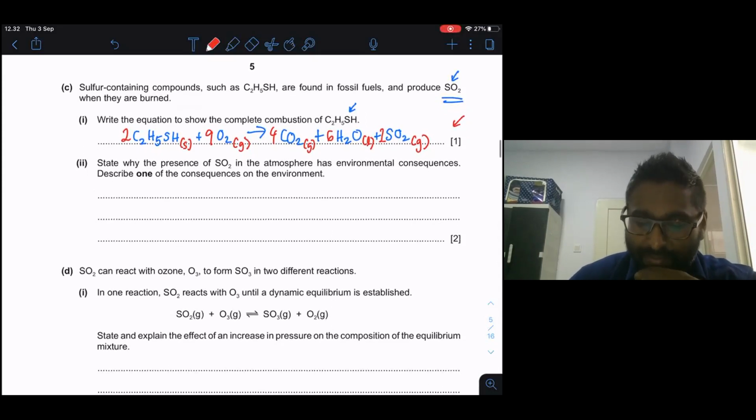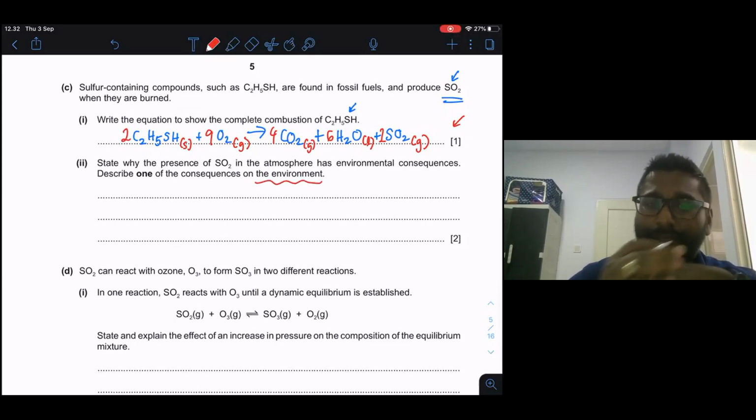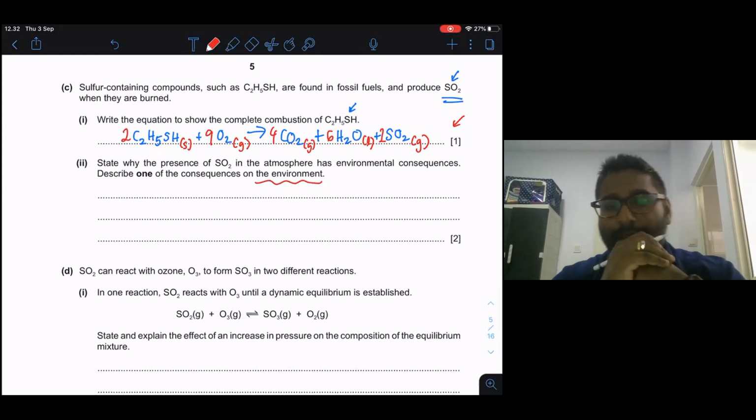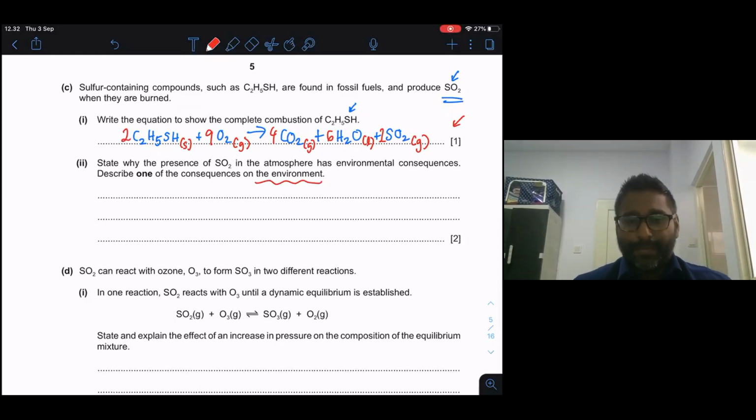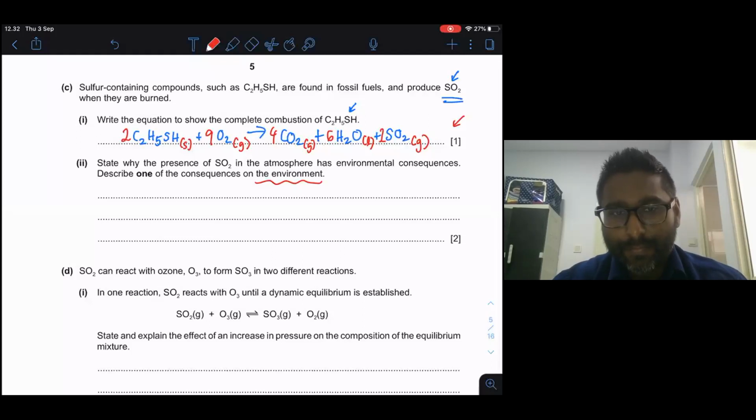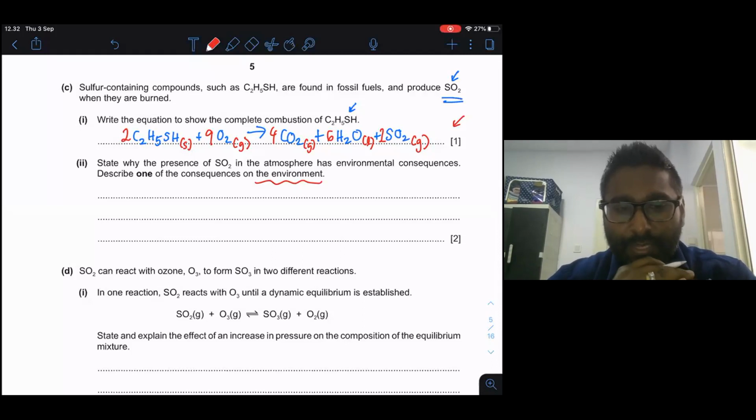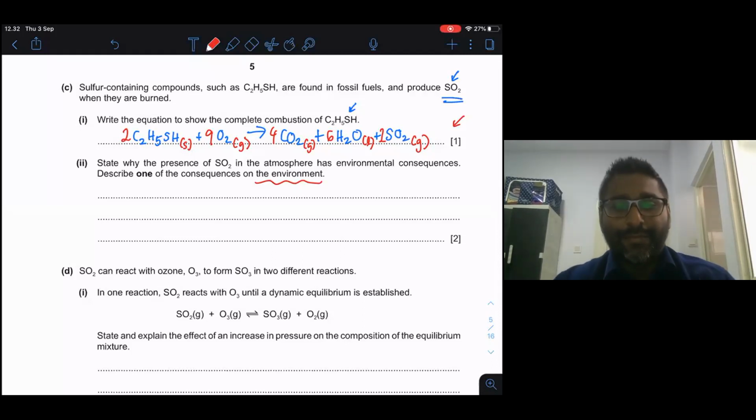State why the presence of SO2 in the atmosphere has environmental consequences. Describe one consequence on the environment. Jody, what do you think? Having SO2 will give you what? How about Nicole, Trisha? Having SO2 will give you what?